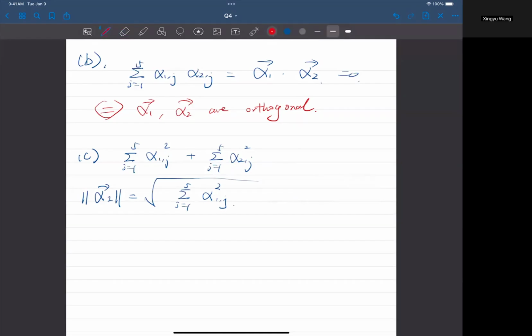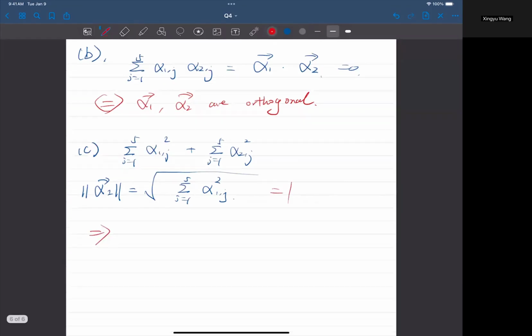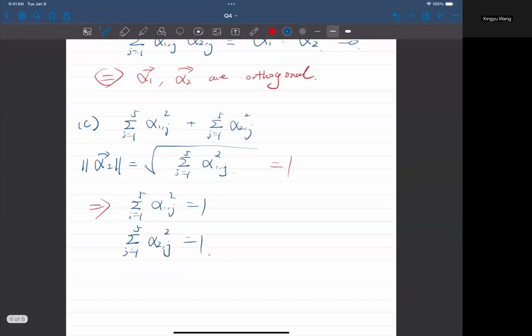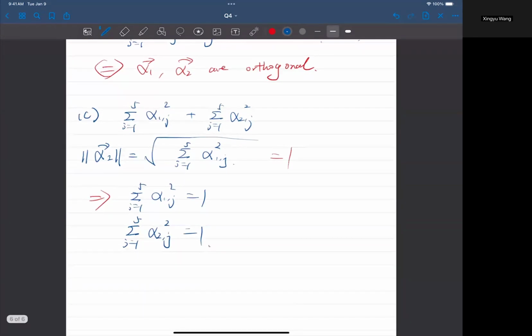If this is equal to 1, it means the summation over j from 1 to 5 of alpha 1j squared is 1. For vector alpha 2, we know its norm is also 1, so this summation equals 1 as well. So the total would be 2 instead of 1. In other words, claim C is also not true.